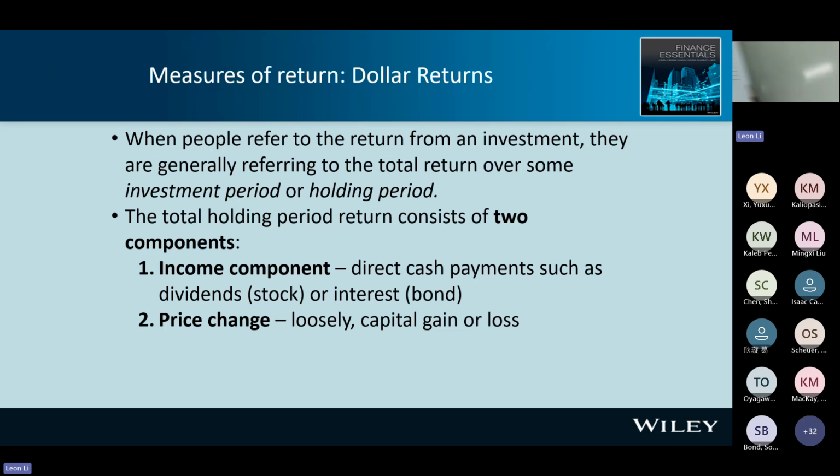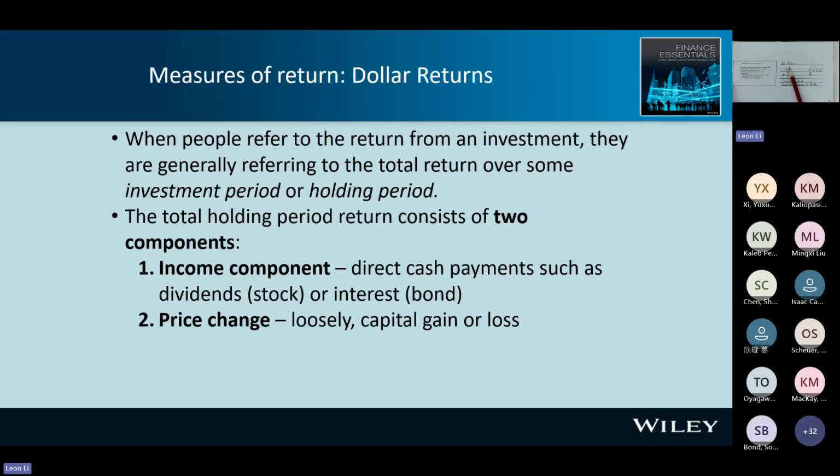Let me use the image to show you the two components. Here we use the stock as an example. If you are a stock investor, today at T0 you buy the stock. I use negative to mean outflow.